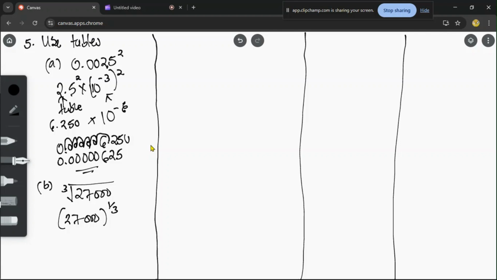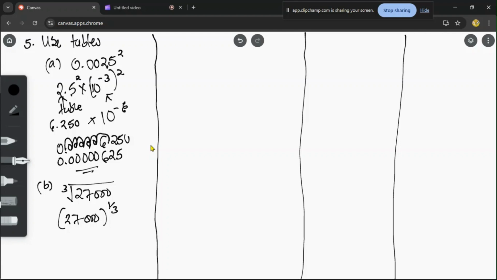I move the decimal so that the number of steps is divisible by 3, so that I don't complicate the number that will lie here, because I'll have to divide by 3 or multiply by a third.